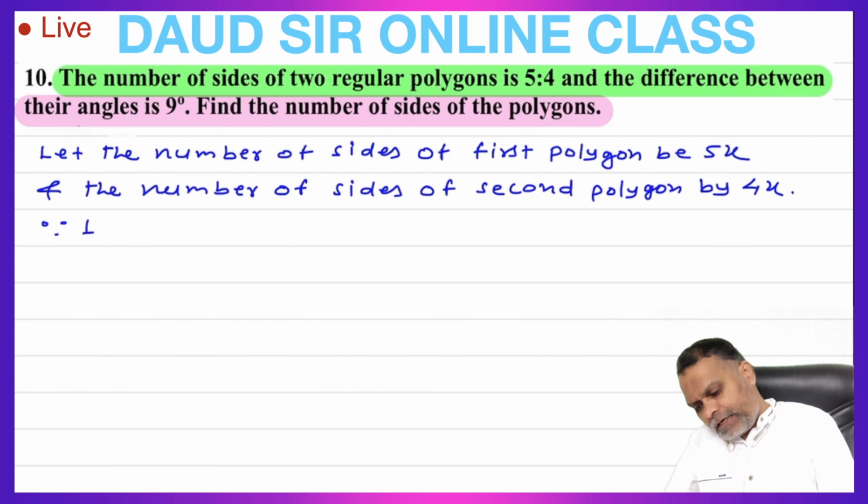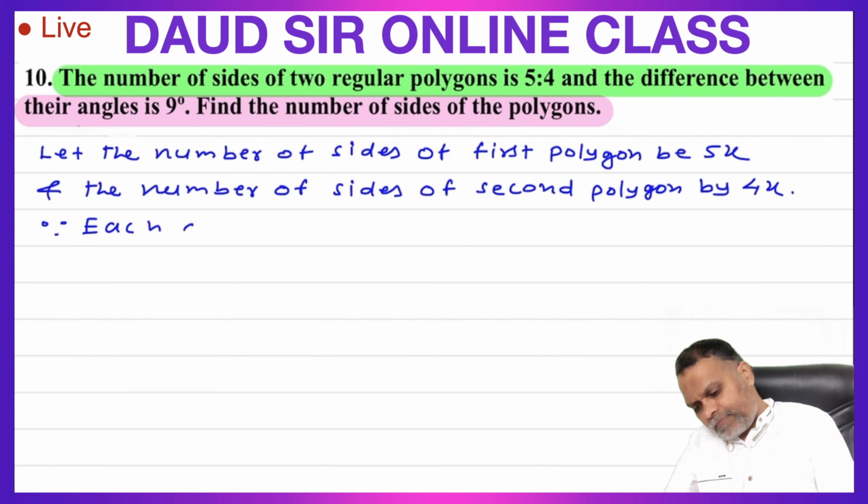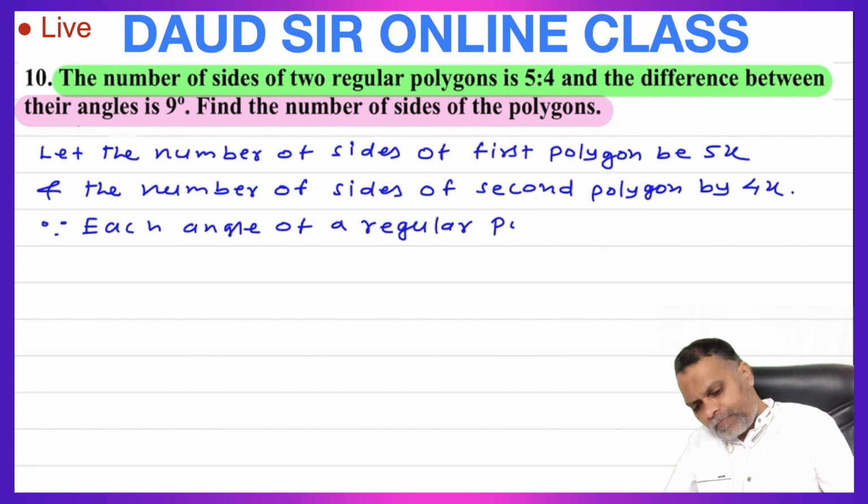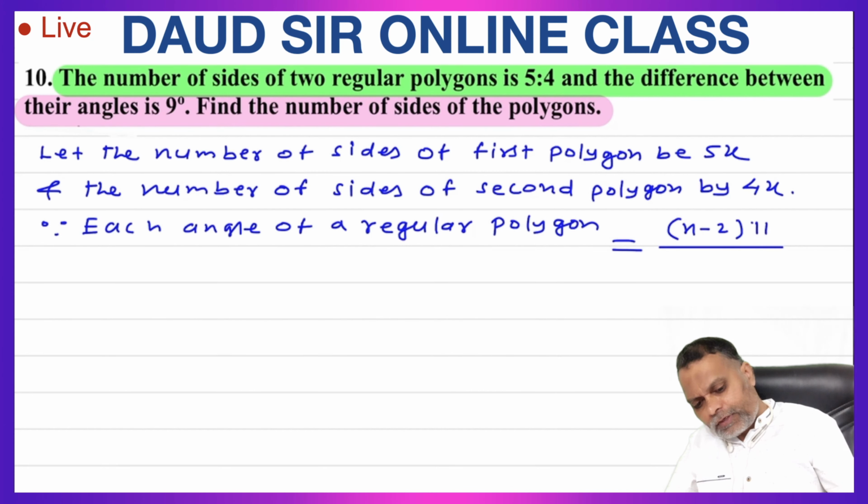Since each angle of a regular polygon is equal to (n minus 2) into pi by n.